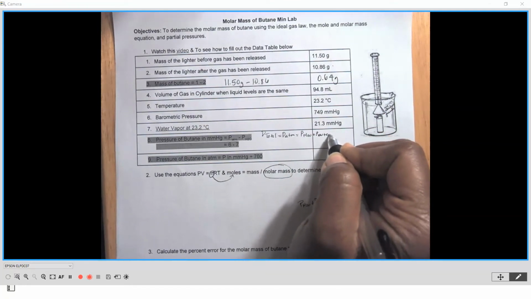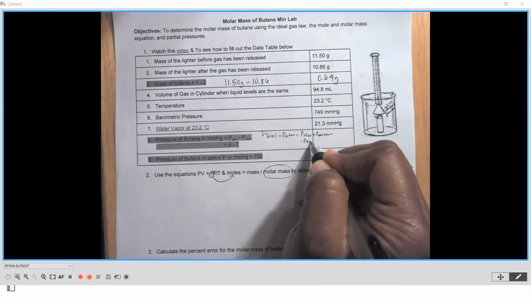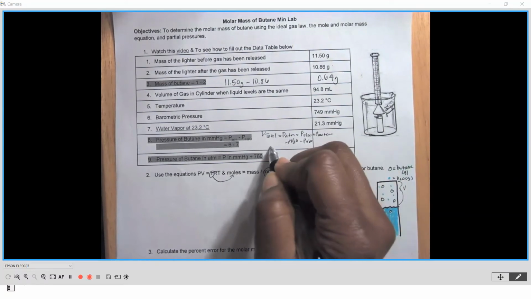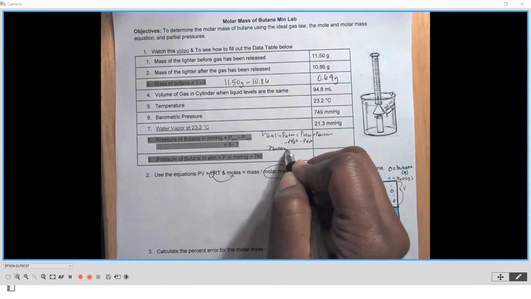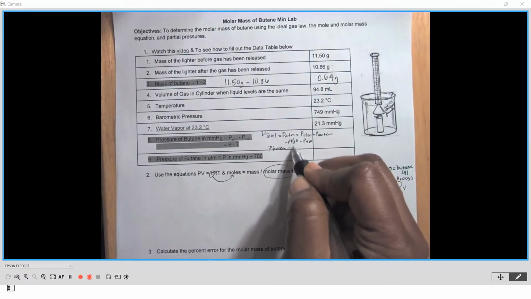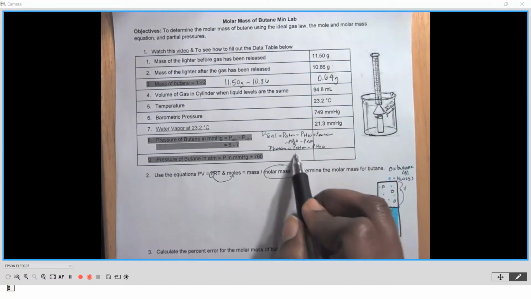Now, if we want to solve for the pressure of the butane, we're going to subtract the pressure of the water vapor from both sides. And so the pressure of the butane here is going to equal the pressure of the atmosphere, or the barometric pressure, minus the pressure of the water. So that's what we need to calculate here.